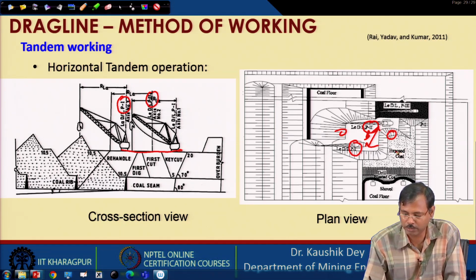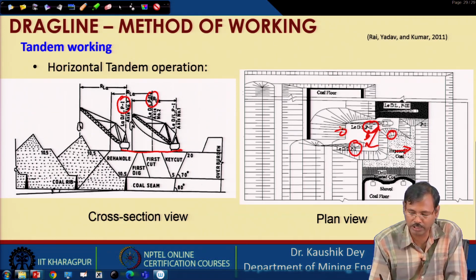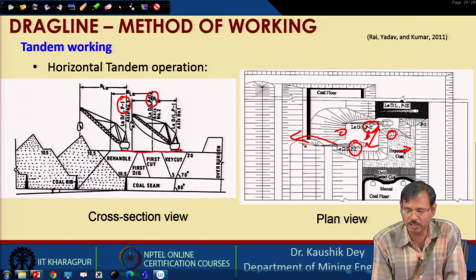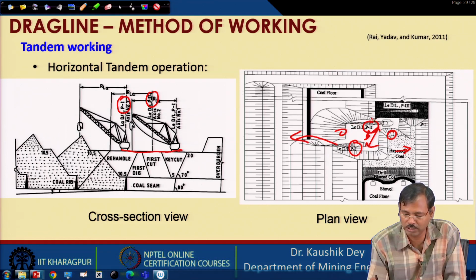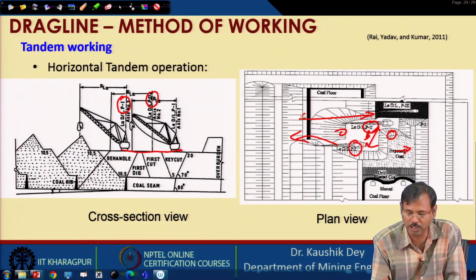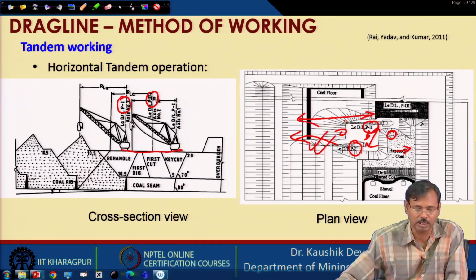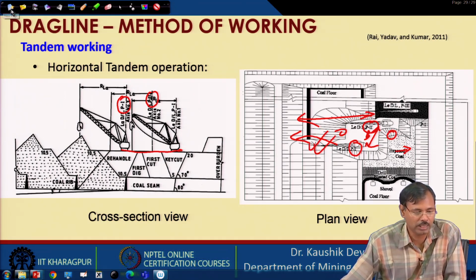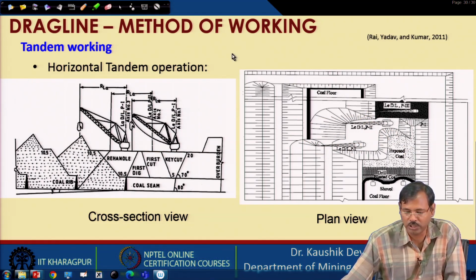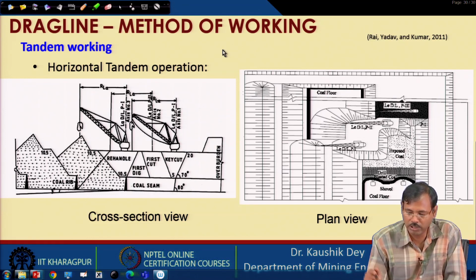This is the exposed coal, this coal is being exposed gradually by these two drag lines, and the material is being shifted at a longer distance, which is a reach not available with drag line 2, but available with drag line 1. So, this is the way the horizontal tandem method is working.